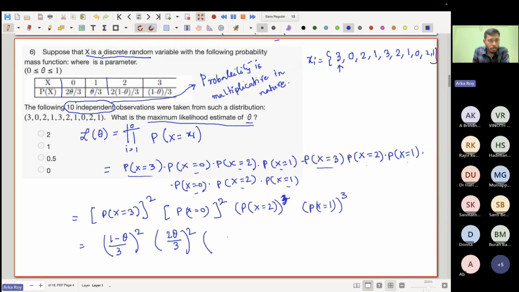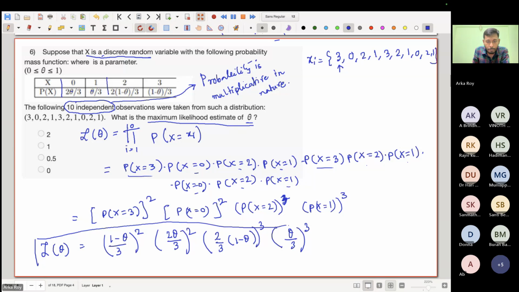Then for x equal to 2, 2 by 3, 1 minus theta cube. And then you have theta upon 3 whole cube. So this is what your likelihood function basically looks like. So this is the likelihood function. Now we have to evaluate the maximum likelihood estimate of theta.